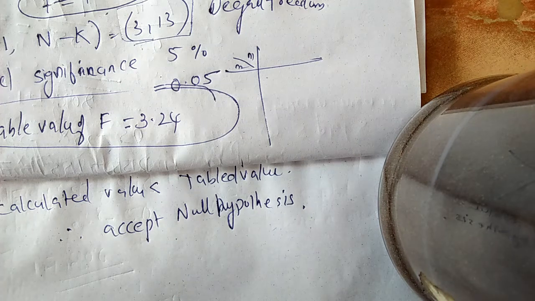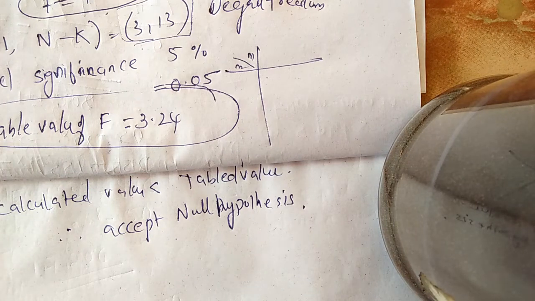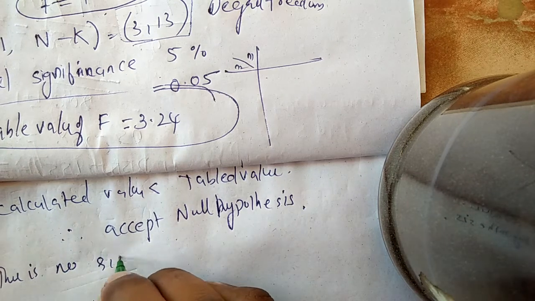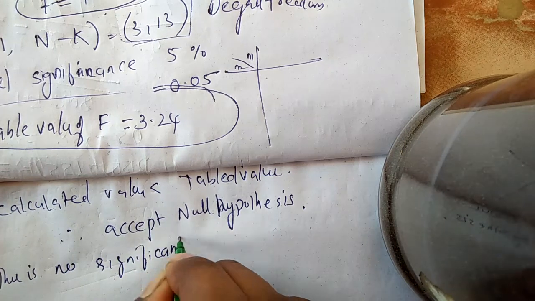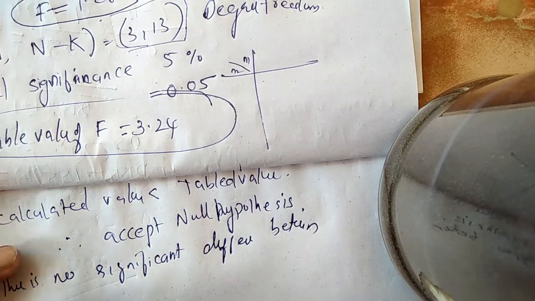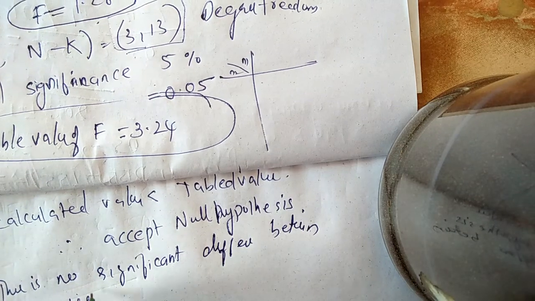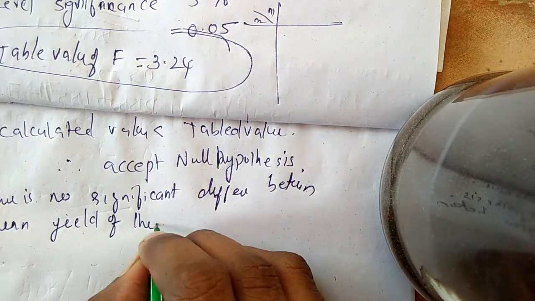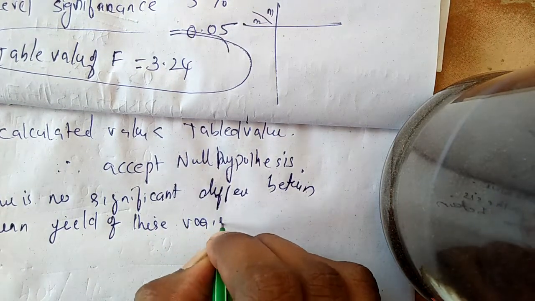Null hypothesis is there is no significant difference between the mean yield of these varieties. So there is no significant difference between the mean yield of these varieties.